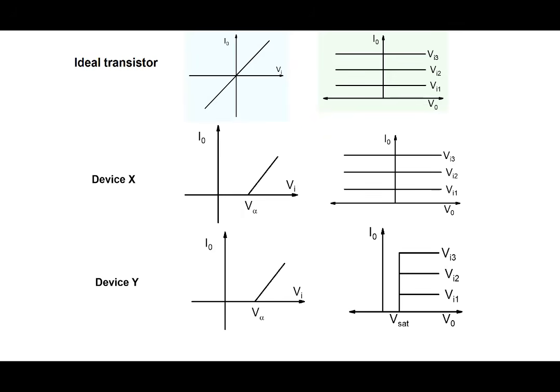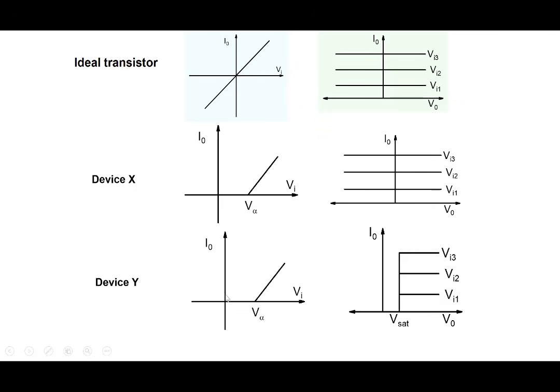The next thing we'll see later on is, suppose we have a device Y, which has not only this non-ideality, but its output characteristics are also not like the ideal characteristics. We see that it behaves like the ideal characteristics for voltages larger than Vsat. Whenever V0 is greater than Vsat, we see this constant region, just like the ideal. But for V0 less than Vsat, we have zero current, and we have no current for negative V0 also.